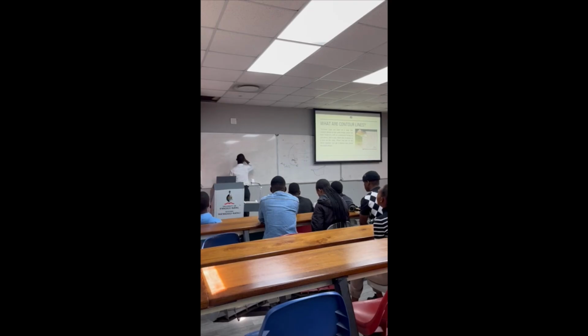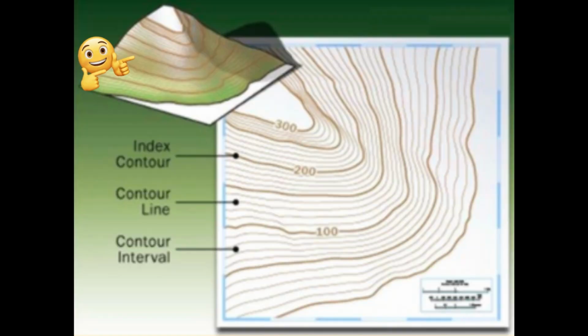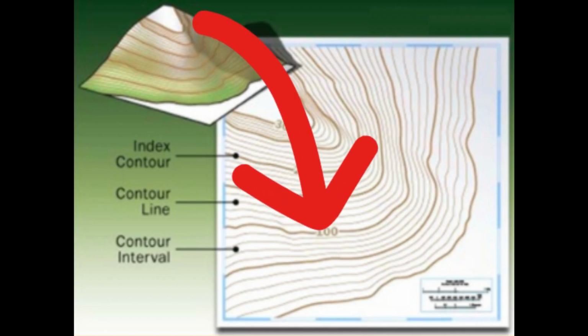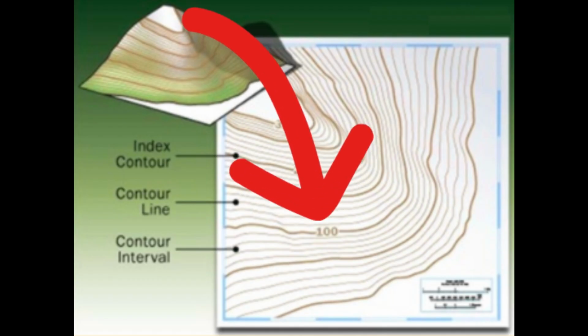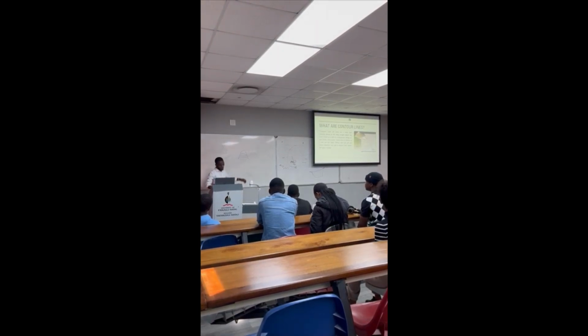Let's say this is our mountain here, and we cut it into slices like this. When you draw these lines on the map, you get a pattern that shows the land shape. So on a map, these are the contour lines.